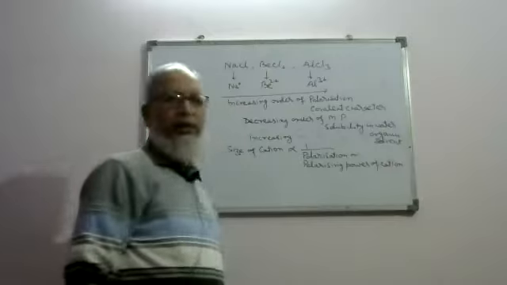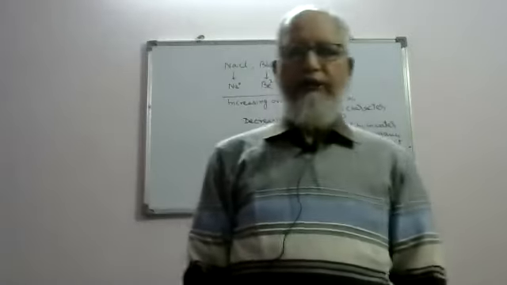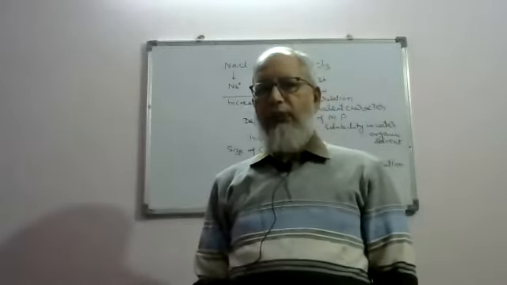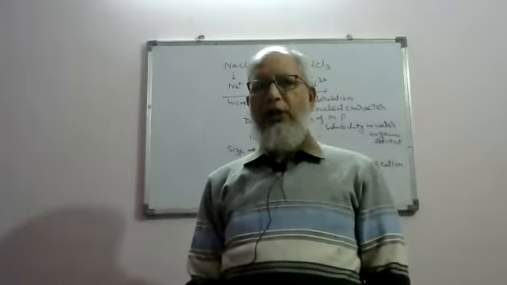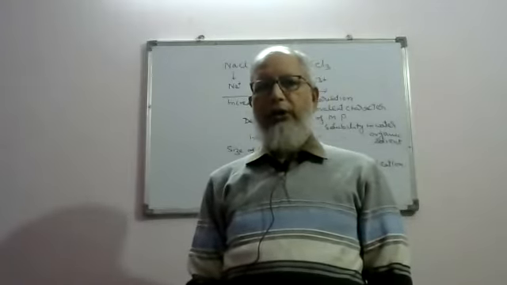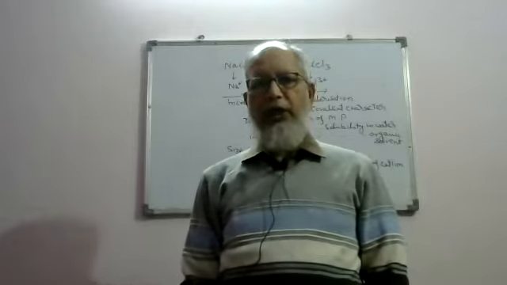That is, smaller is the size of the cation, greater will be the polarizing power, and greater will be the polarization, greater will be the covalent character or lesser will be the ionic character.